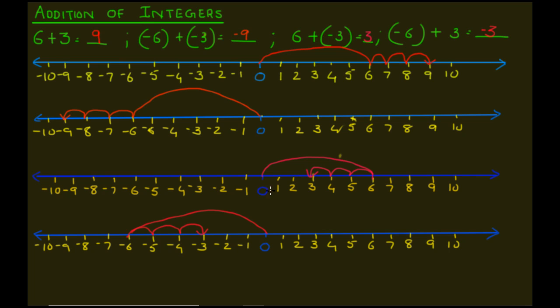It's not always possible to draw a number line, can we? But let us understand that when you add a positive integer to a negative integer, you subtract and give the sign of the greater number. Without the sign, this is 6 and this is 3. So we write positive 3.